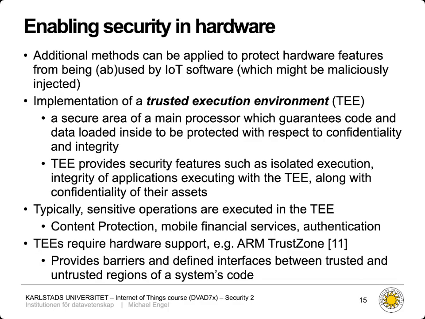So that means we have, for example, a functionality to encrypt a message inside of the TEE, and there's a defined interface where we can put in clear text and receive the ciphertext back without actually knowing what's going on inside of the TEE. So it's a separate software component. And very often this feels like an operating system, but it has very special features, usually related to security, and the remaining operating system functionality can still be implemented outside of the trusted execution environment.